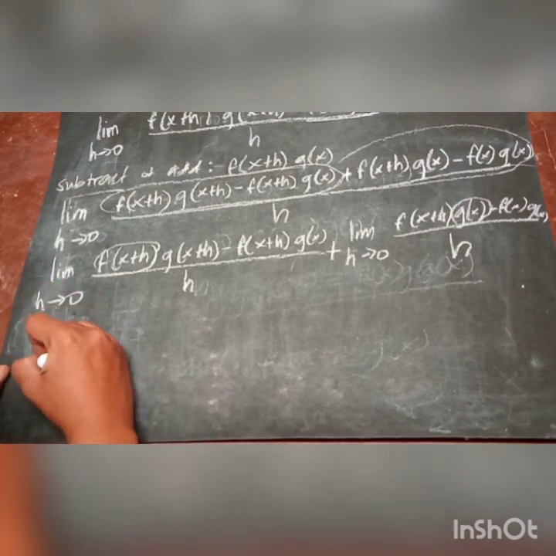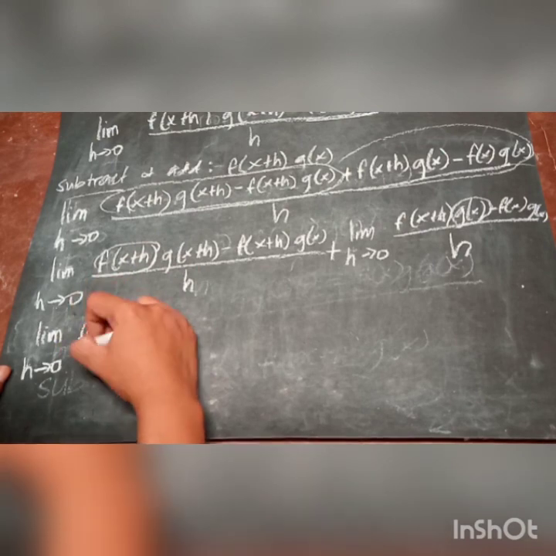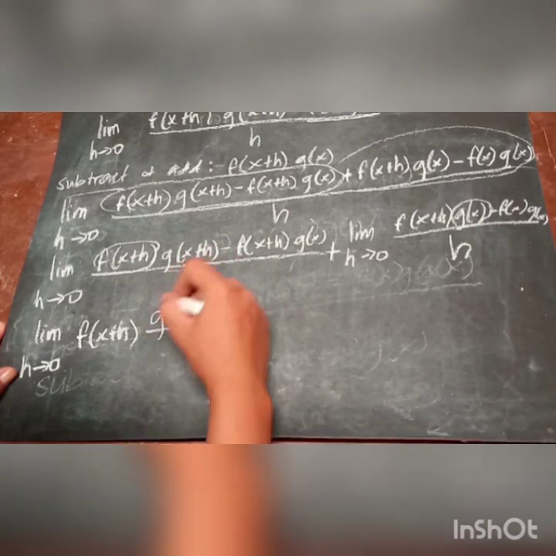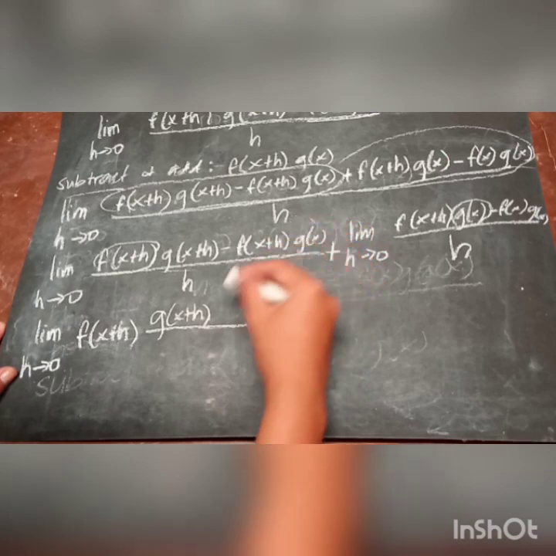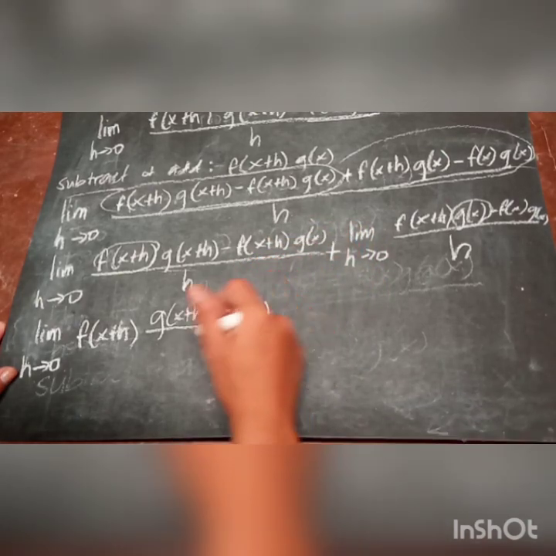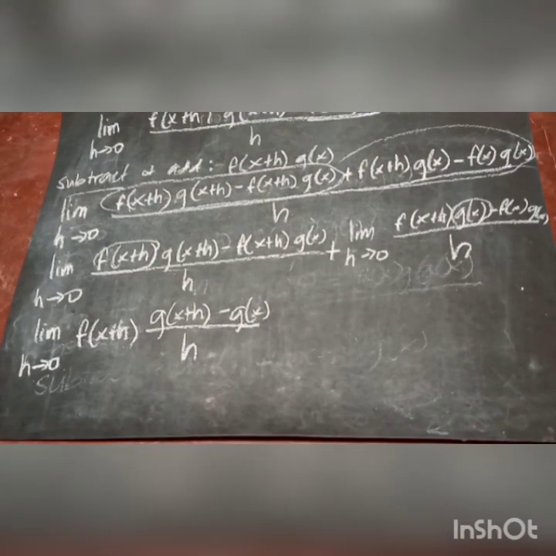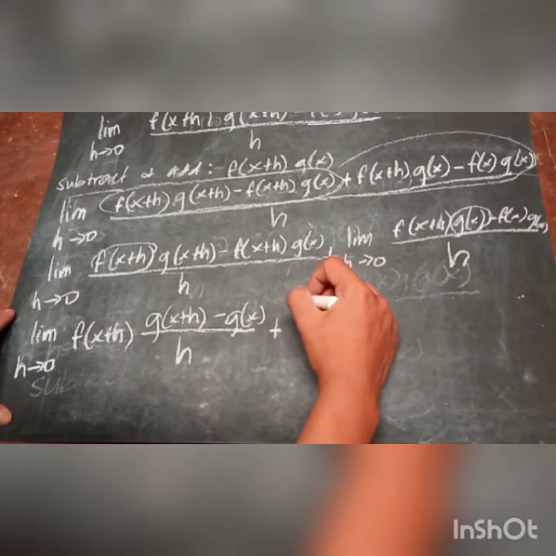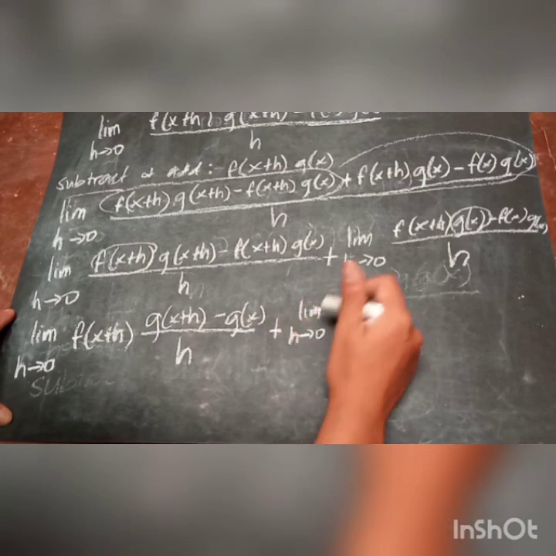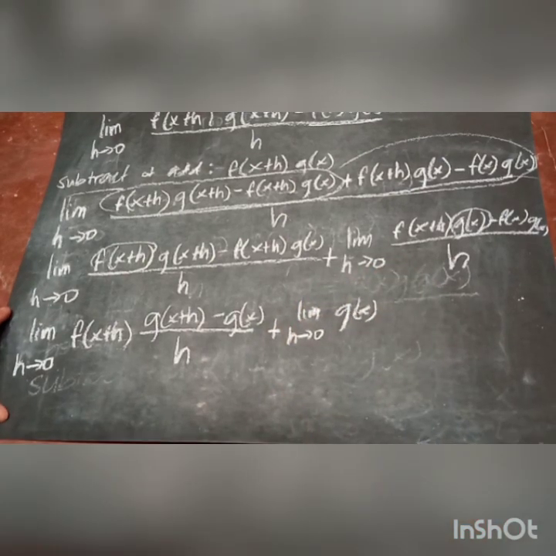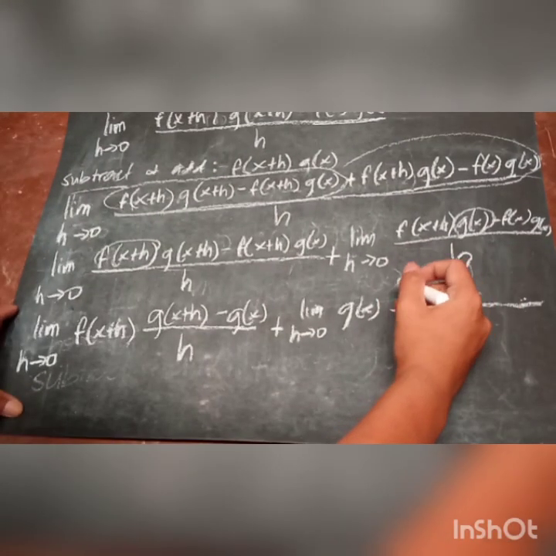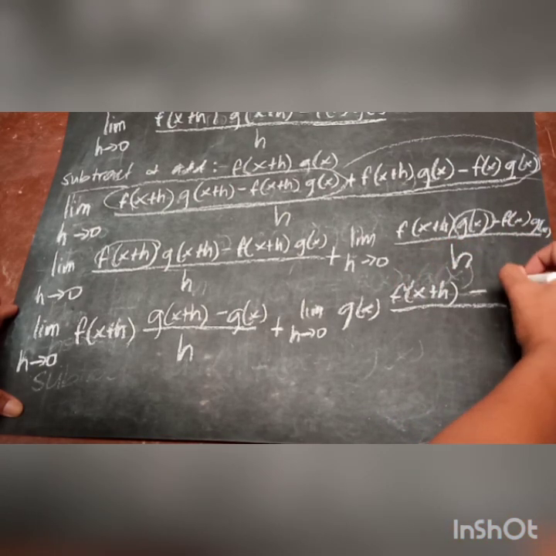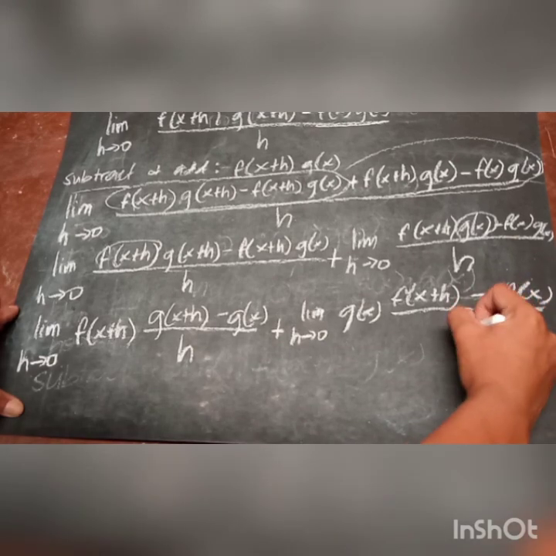So this would be the limit as h approaches 0 of f of x plus h times the remaining one, g of x plus h minus g of x all over h, plus, in the second one, we factor out g of x, so the limit as h approaches 0 of g of x times f of x plus h minus f of x all over h.